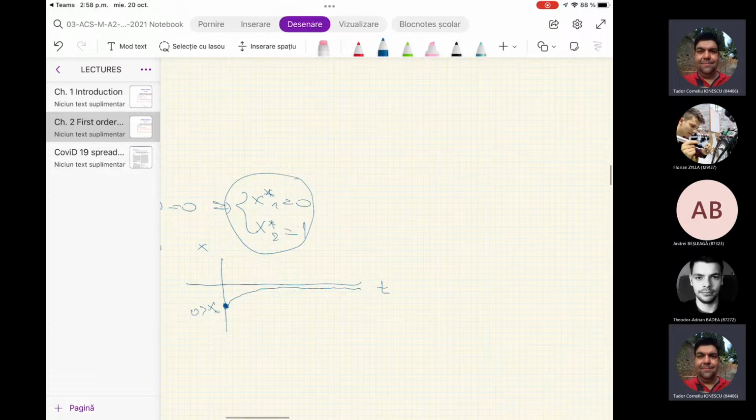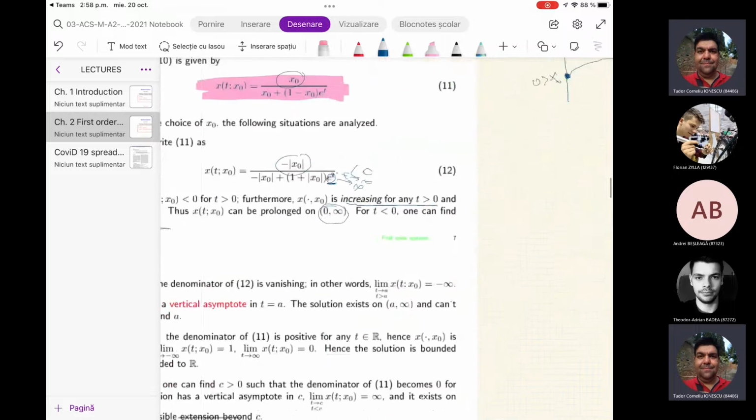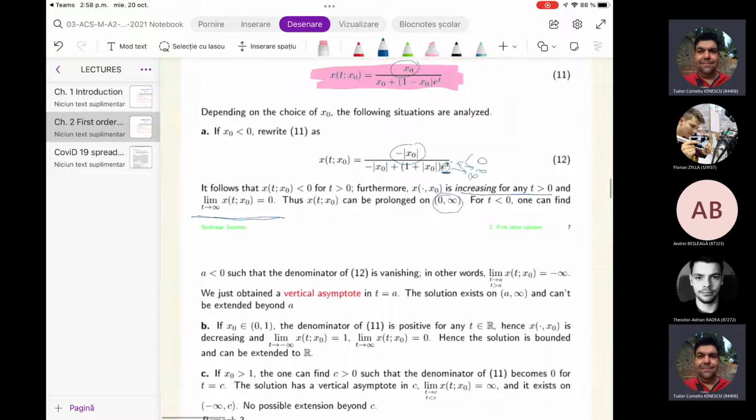Very interesting. It says here that for t negative, one can find something different. On the positive, natural increase of time, there is no finite escape.